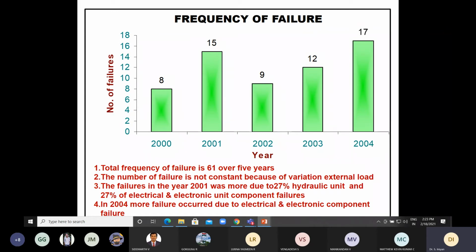And the number of failures in the year 2001 was more. It is in terms of percentage, 27% due to hydraulic units and 27% due to electrical and electronics unit component failures.